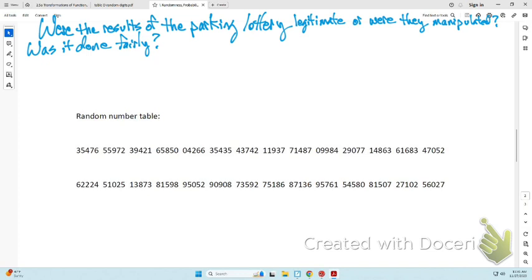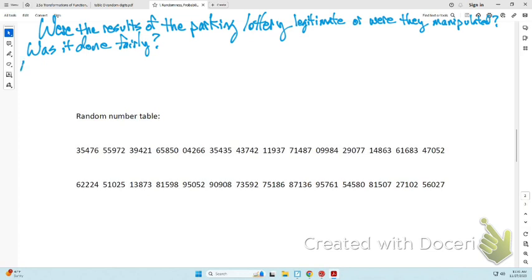These breaks that you see right here mean nothing. They're just to make it a little easier to read. I typed this up and put breaks in it because every random number table I've seen has breaks in it. So it may not look that way on the test, but I bet it will.